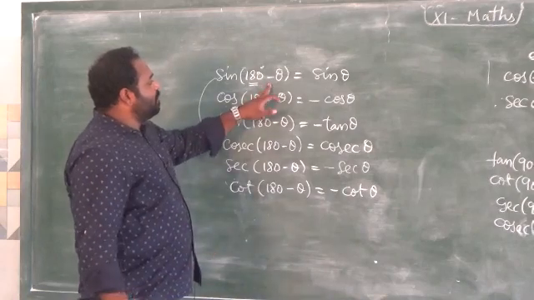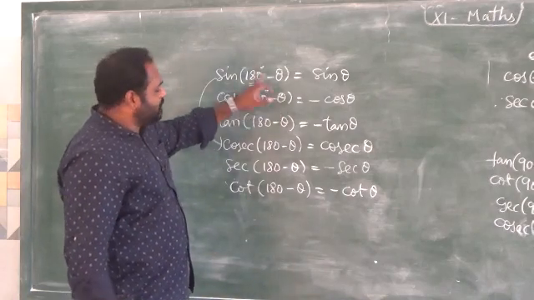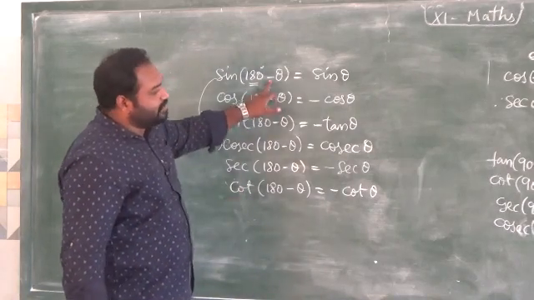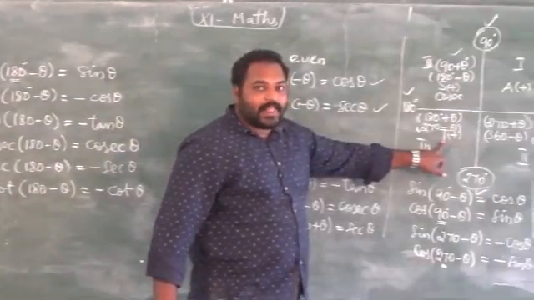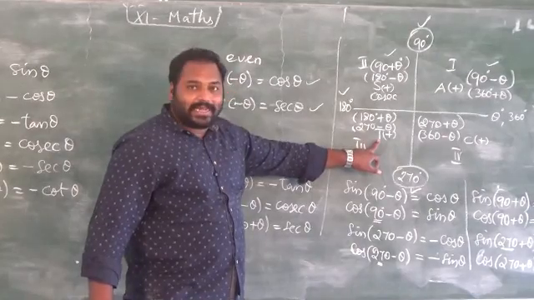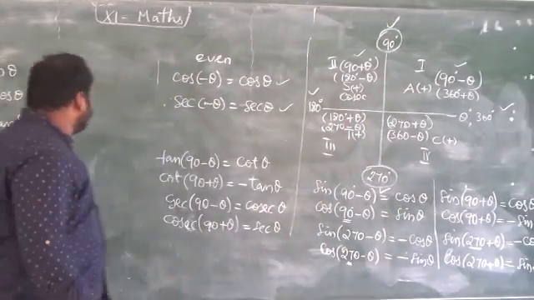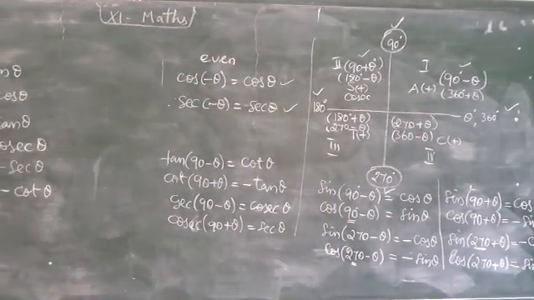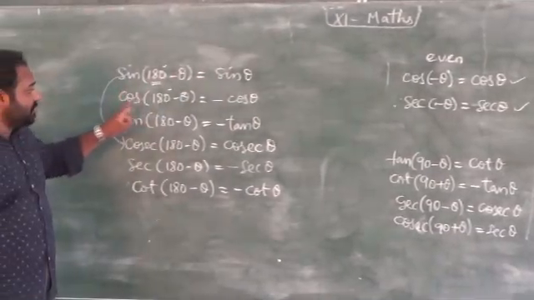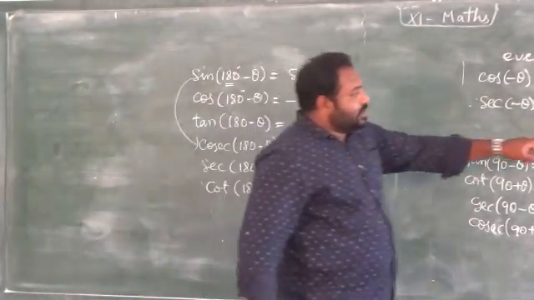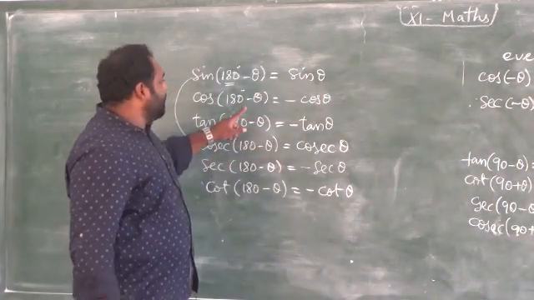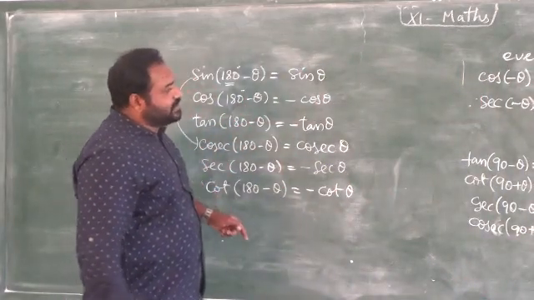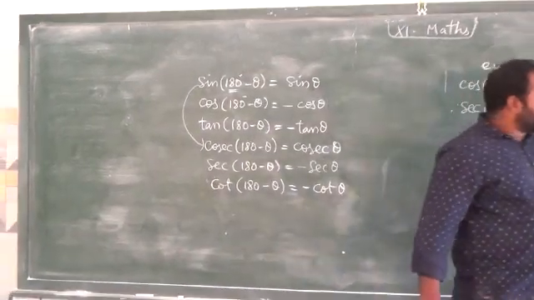Same like that, if you put plus here, 180 plus theta for all the 6 ratios occurs in the third quadrant. Except tan and cot, all are negative, and the ratio will not be changed. Same ratio will come. Same like that, 360 minus theta for all 6 ratios is in the fourth quadrant.